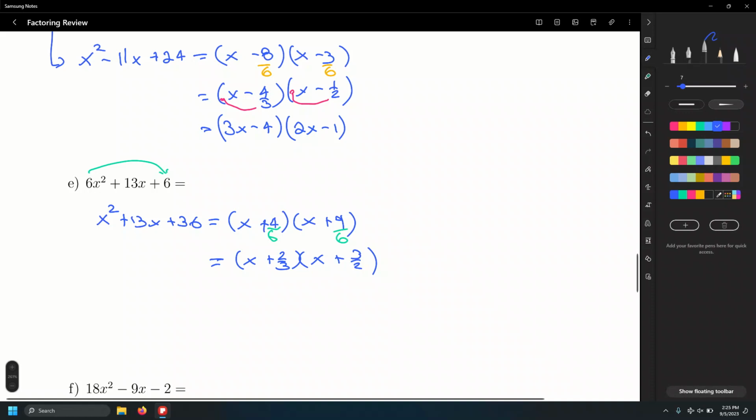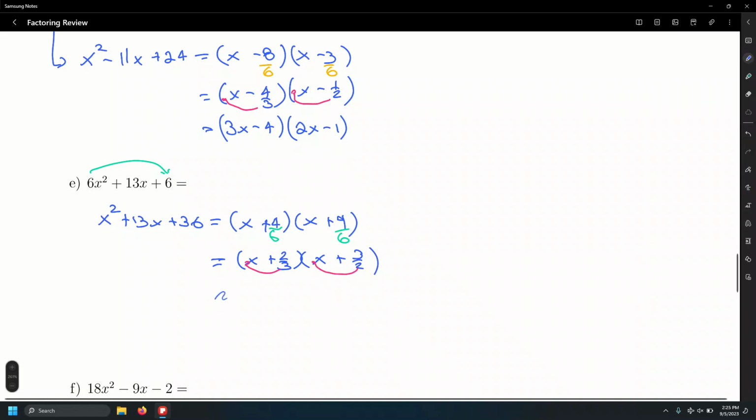In this case, 2 over 3 doesn't go evenly, and 3 doesn't go evenly when we divide by 2. So the denominator 3 becomes the coefficient of x, and here the denominator 2 becomes the coefficient of x. That's going to be 3x plus 2 and 2x plus 3, which is the same result as we did on the back side of the page. All right.